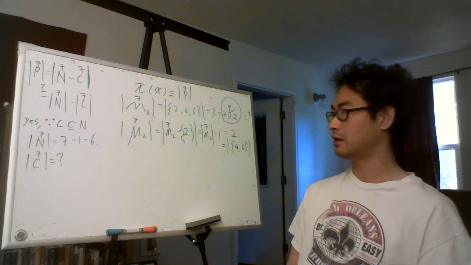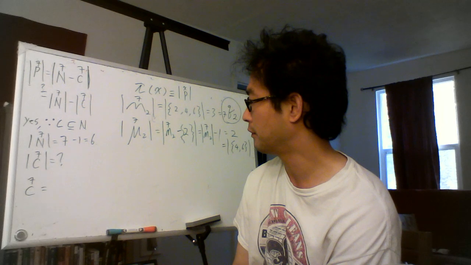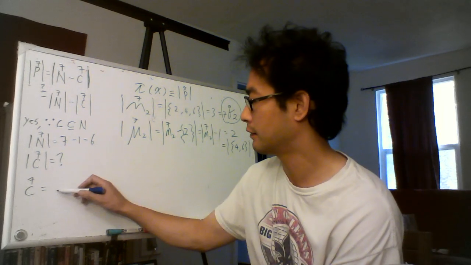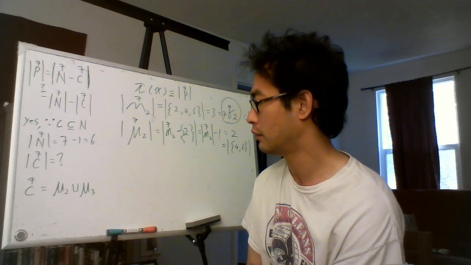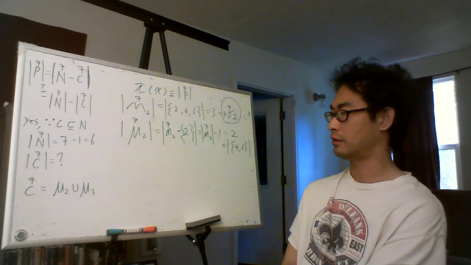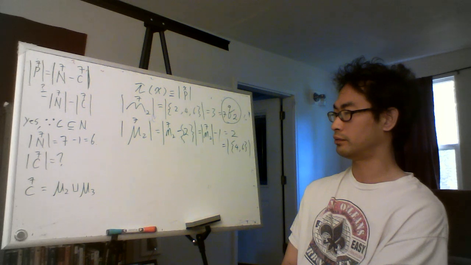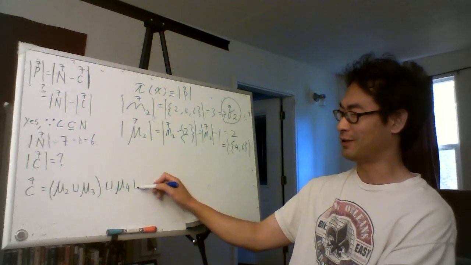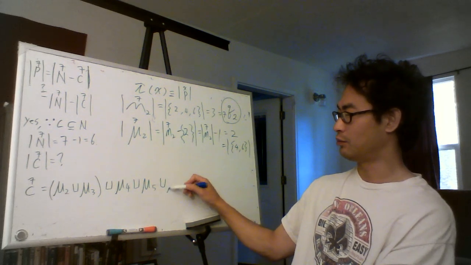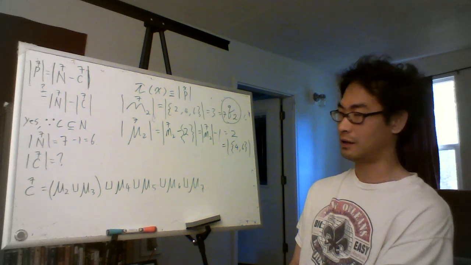C top 7 is mu 2 union mu 3. I mean, you can say union mu 4 union mu 5 union mu 6 union mu 7, but from here on they will be the empty set, because mu is a proper set.